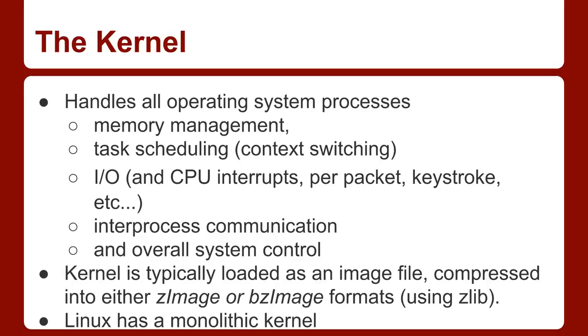And each one of these inputs, each keystroke, each packet generates a CPU interrupt, which context switches from whatever is going on to handle that keystroke. However, the processors nowadays are very fast, so most users go their entire lives without ever knowing this happens underneath. So it also handles inter-process communication and overall system control.